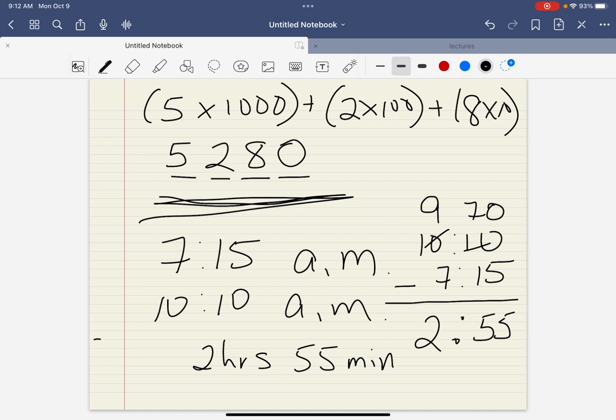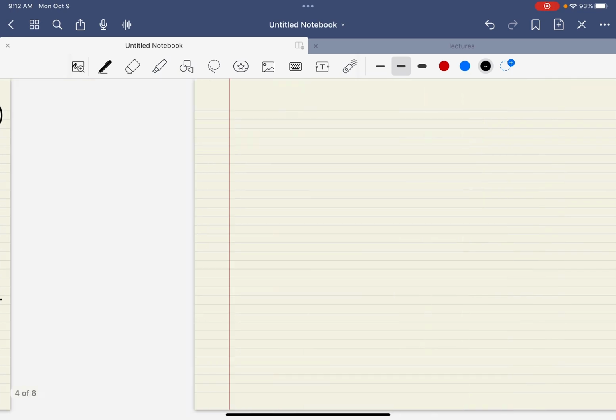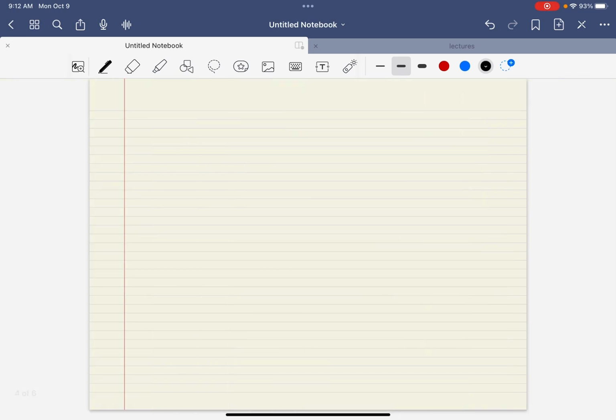This is on page 170. It says, what time is 2.5 hours after 10:43 a.m.? 10:43 a.m. and we're adding 2.5 would be 2 and 30 minutes, right?